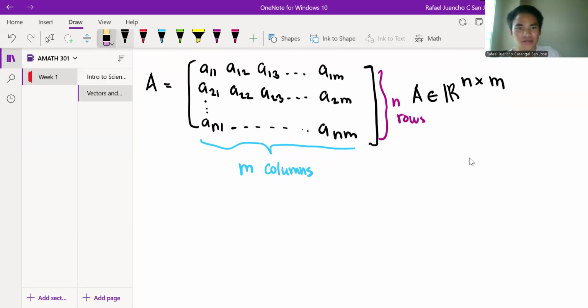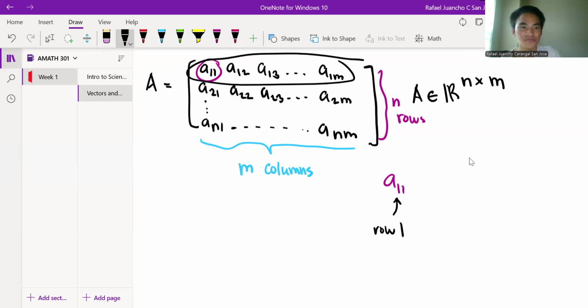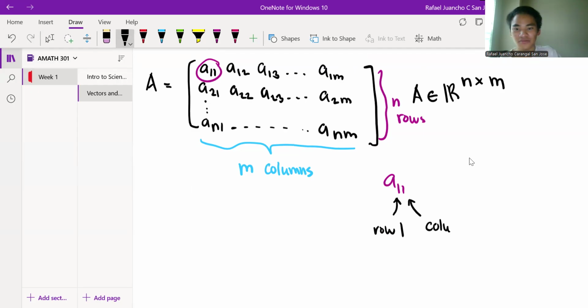So in this case here, let's take this for example, A11. The one here, this is which row we're at. So we're at row 1. And that makes sense because we are at row 1. This is row 1. Now what is this? This is column 1, or the first column, right?